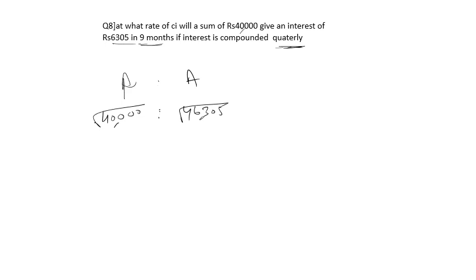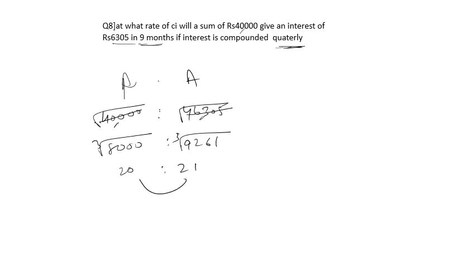Now first cancel this by 5. If I cancel this by 5, this becomes 8,000 and this becomes 9261. Now take the cube root. This is coming 20 and this is coming 21.